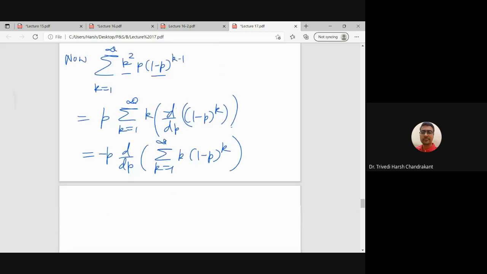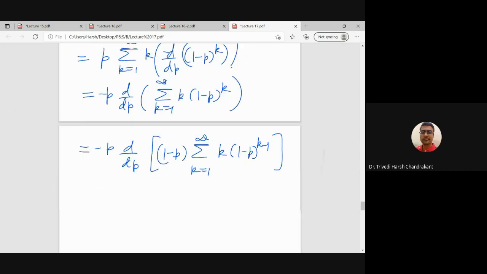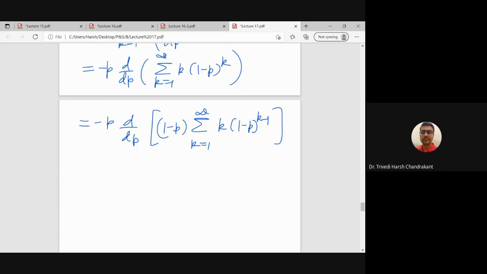So that will make it minus p times the derivative of (1 minus p) times the summation from 1 to infinity of k times (1 minus p) to the power k minus 1. And then we know that this is again a derivative formula. So minus p times the derivative of (1 minus p) times. So this derivative we can switch with the summation.